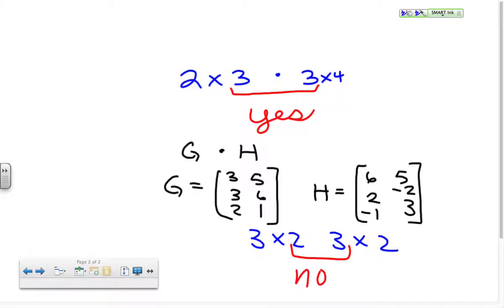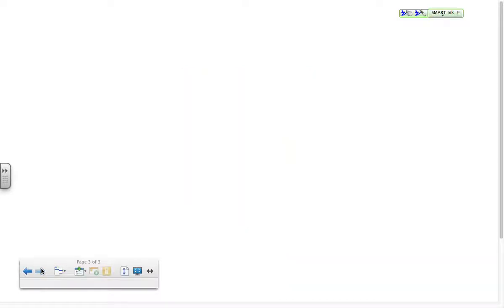So let's look at one more, and then we'll talk about actually multiplying them. Let's say I want to go C times D. C equals negative 1, 4.